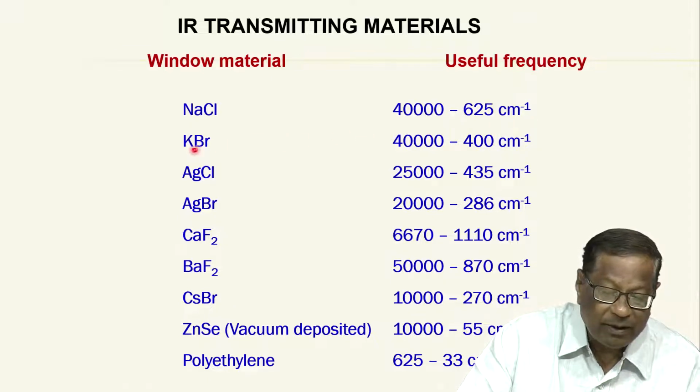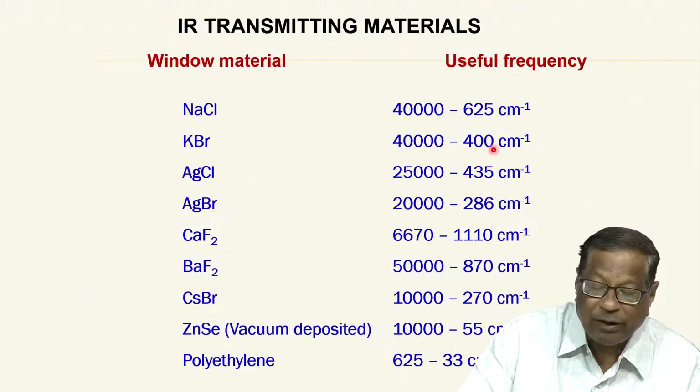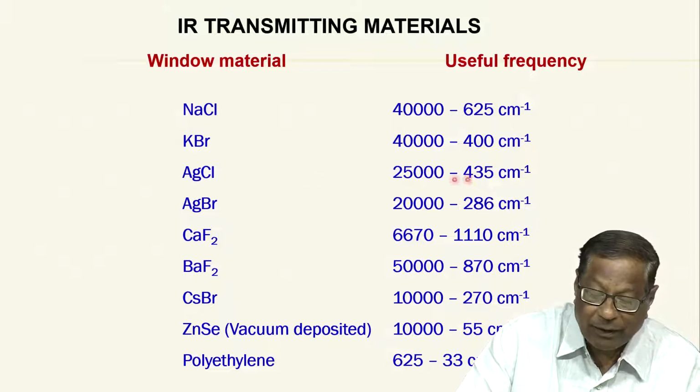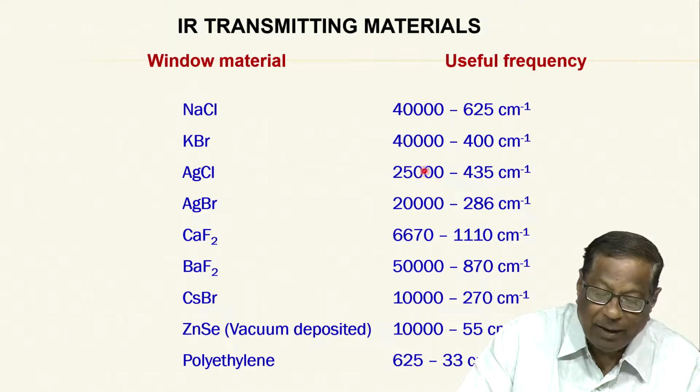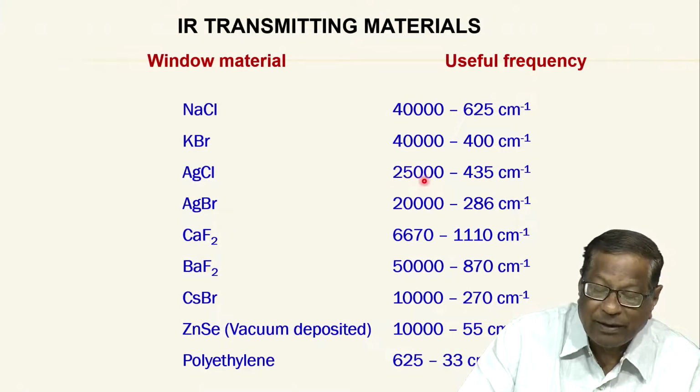And then potassium bromide is good, that is up to 400 centimeters inverse, it is better than sodium chloride. Silver chloride has approximately the same range, but you cannot use it, it is not as versatile as sodium chloride, because its range is only 25,000 to 435.